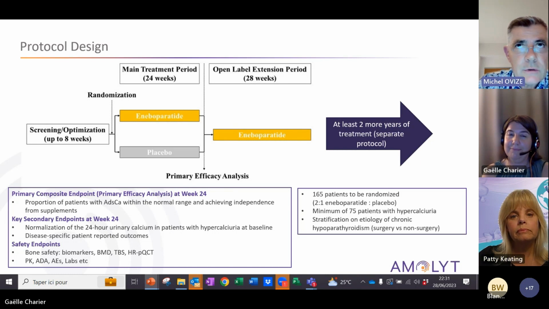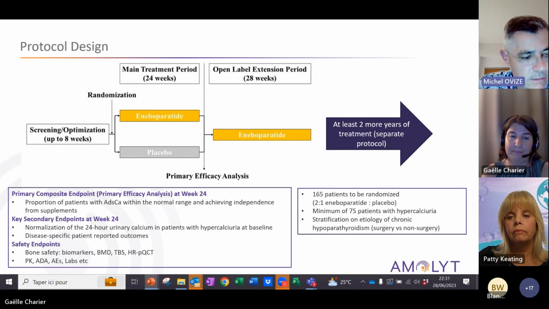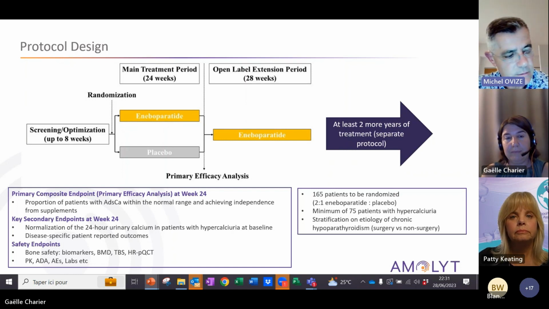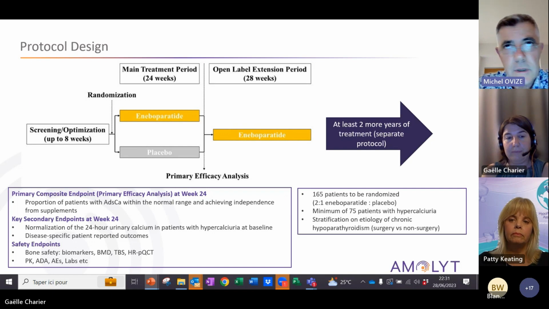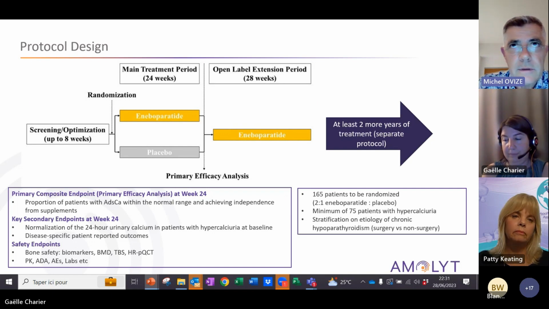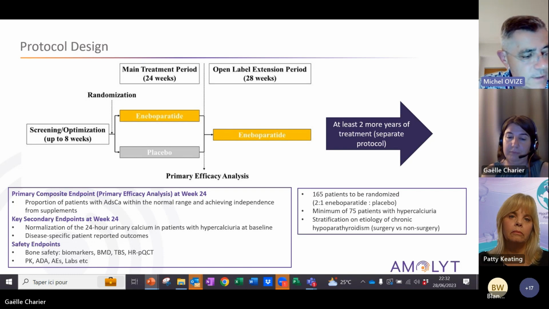Well, this is a good question. Any drug that is developed, especially in this area of PTH agonists, or generally speaking PTH drugs, all drugs have ADAs, anti-drug antibody development. The question is whether these antibodies are really affecting the efficacy of the drug, and this is not always the case, obviously, and hopefully.